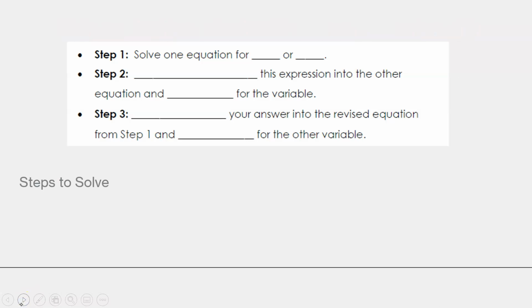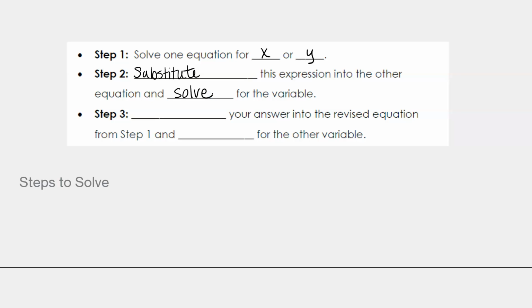All right, here are the steps to this method. The first thing you have to do is solve one of the equations, you can pick which one, and isolate x or y. The next step is to substitute the equation you just did into the other one. So you want to substitute this expression into the other equation, and then you need to solve for the variable.